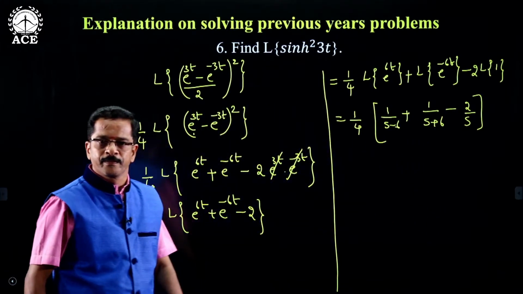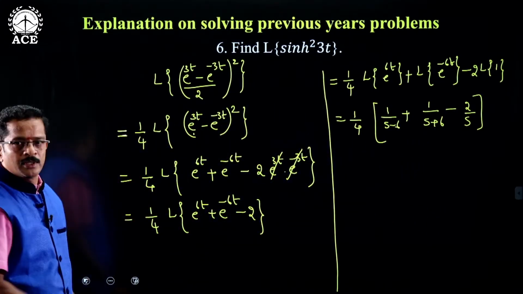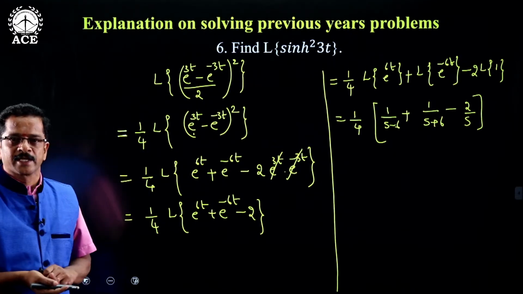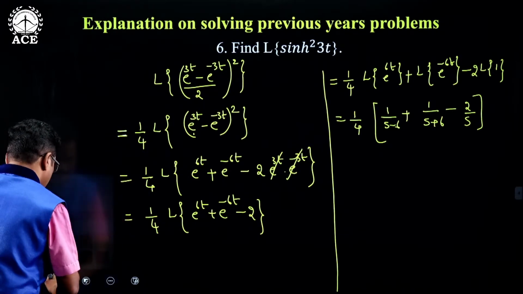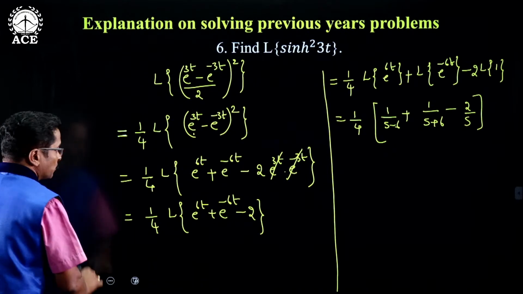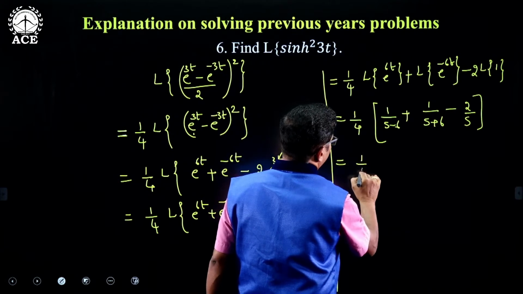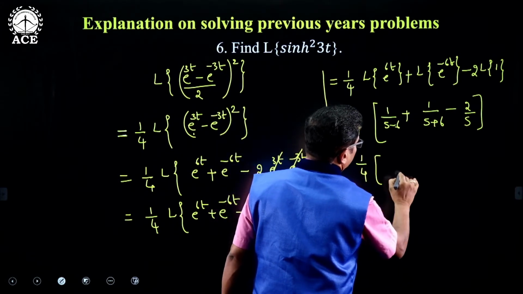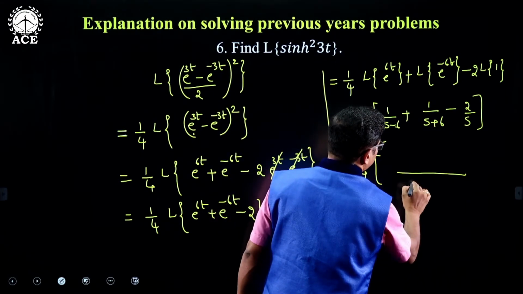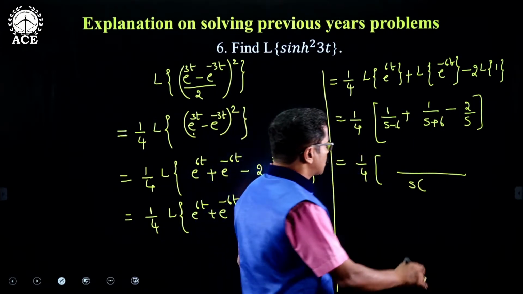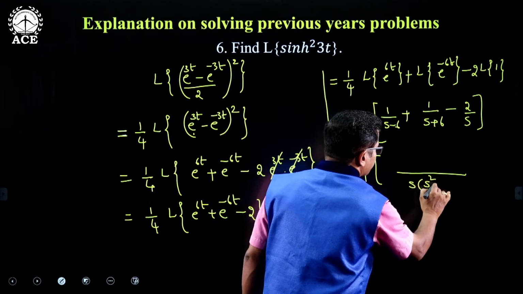Use the LCM and accordingly the numerators take. That equals 1 by 4 into, so this numerator is s, denominator is s into s minus 6 into s plus 6, which is going to be s square minus 36.